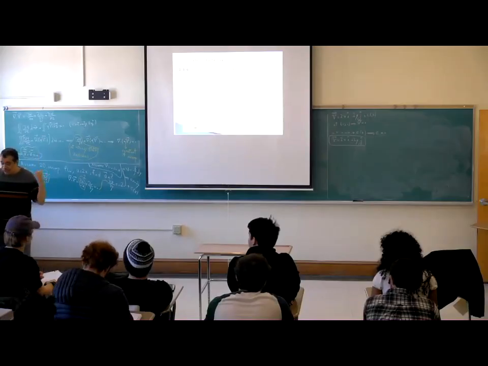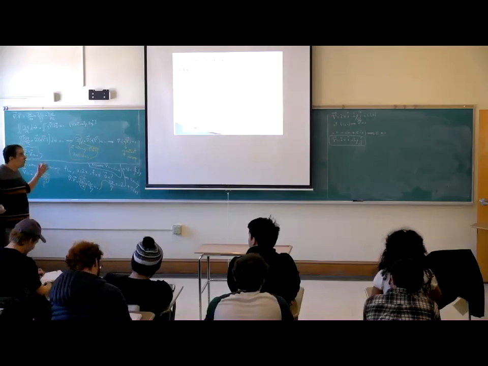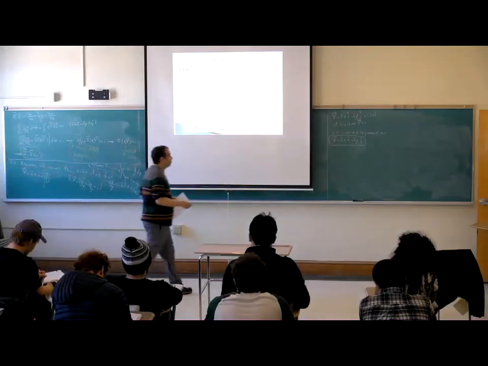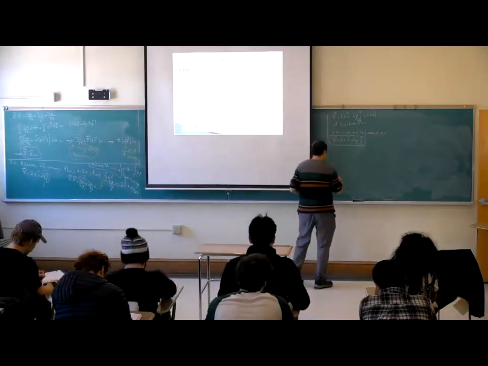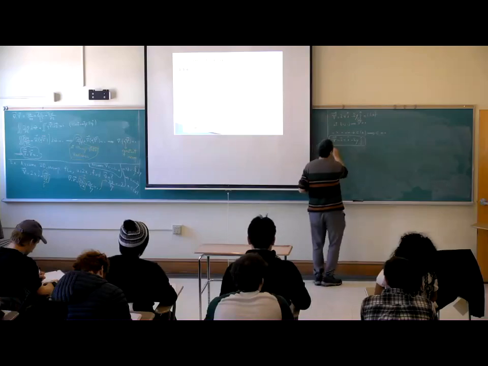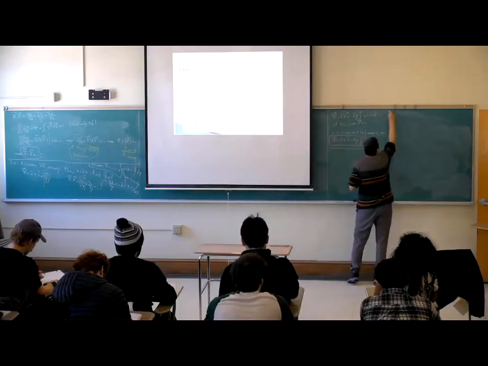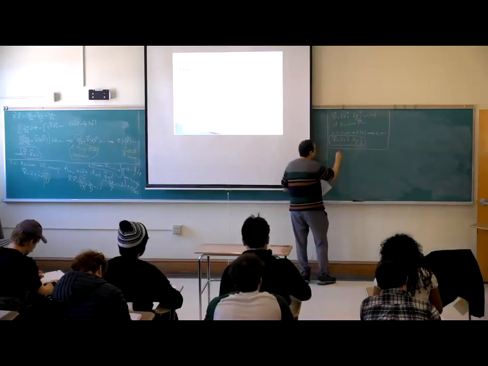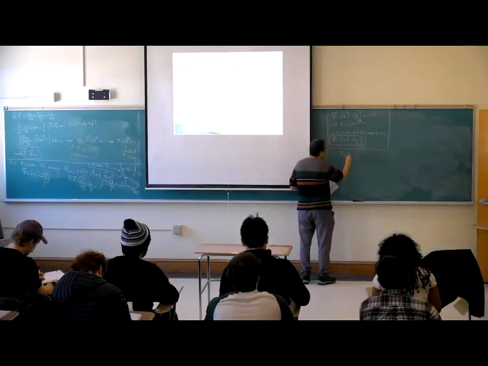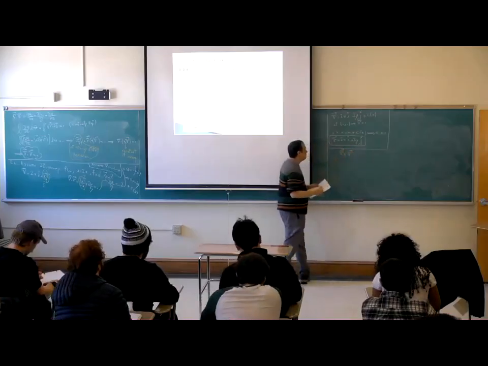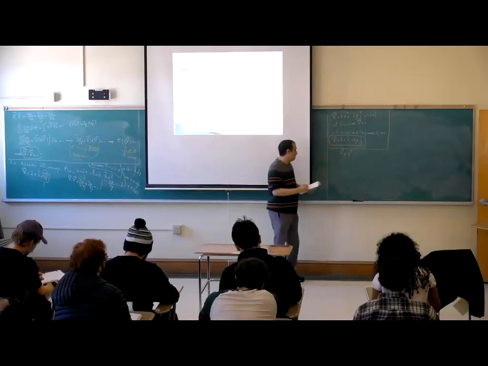Okay, that is divergence. Now let's go to the third one, which is curl. Curl of V is the cross product between the gradient vector and the velocity vector.